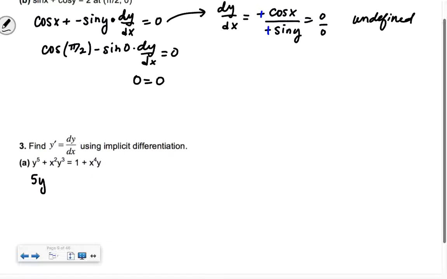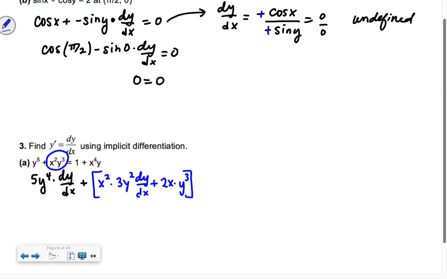All right, so I'm going to have 5y to the 4th. It's a y term, so I tack on a dy over dx plus, uh-oh, do you guys see it's product rule? At least it's not quotient rule. First times derivative of the second is 3y squared dy over dx plus derivative of the first is 2x, second one normal is y cubed, equals 0. Did you guys all see that's 0? Derivative of 1 is 0. Plus product rule.